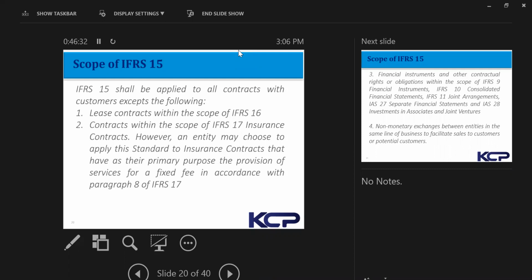It's as broad as IFRS 9. You're shaking your head. It's not difficult. However, an entity may choose to apply this standard to insurance contracts that have as their primary purpose the provision of service for a fixed fee, in accordance with paragraph 8 of IFRS 17.